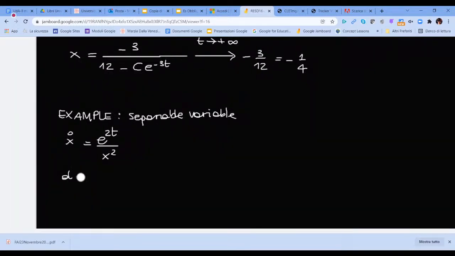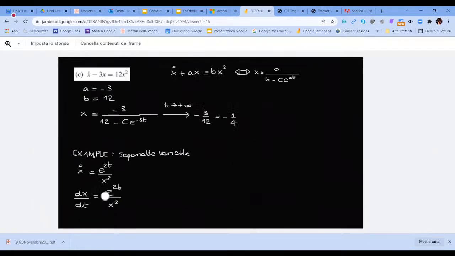You rewrite dx over dt, and you multiply and divide by everything that belongs to the same kind of variables.